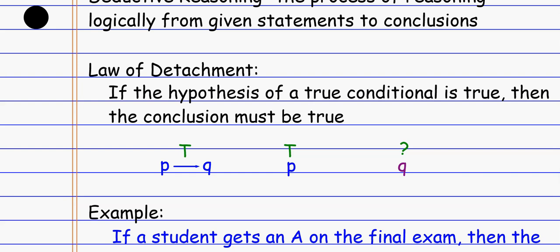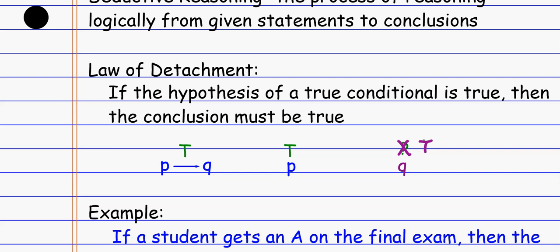So if the conditional statement is true and the first piece is true, the last piece has to be true. Here's the scenario: if P then Q, if we know that's a true statement and we know that P is true, it stands to reason that Q also has to be true. That's what this is saying.